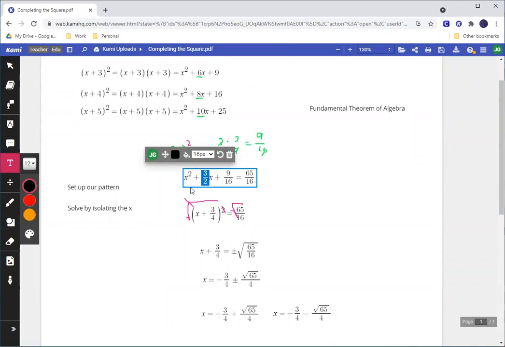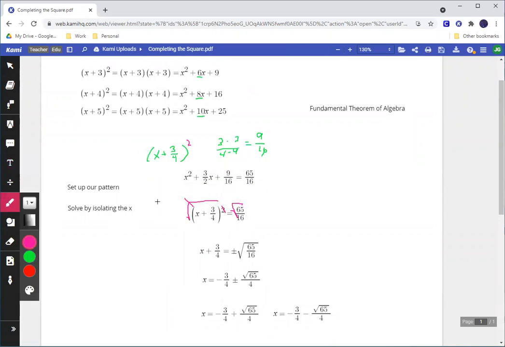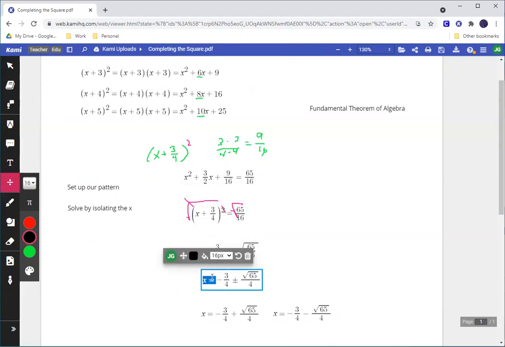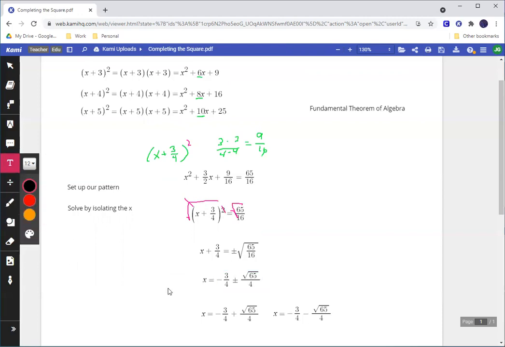So we set up our pattern and then we replaced it with the parentheses because these are equivalent. And then we solved by isolating the x until we got to here. X was now isolated.